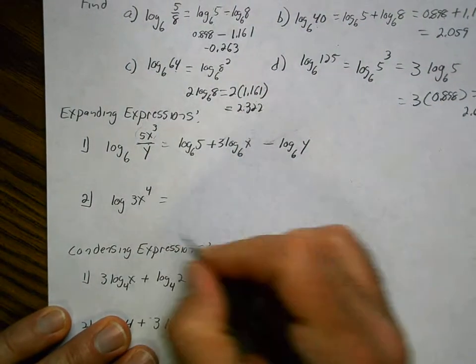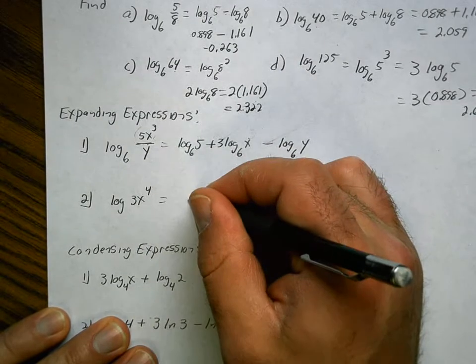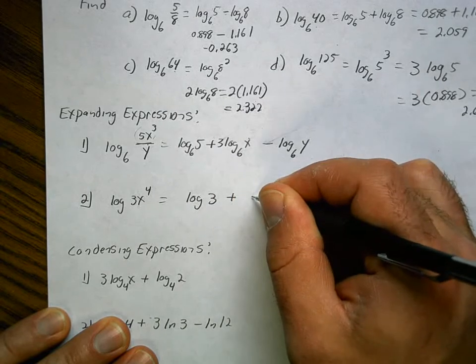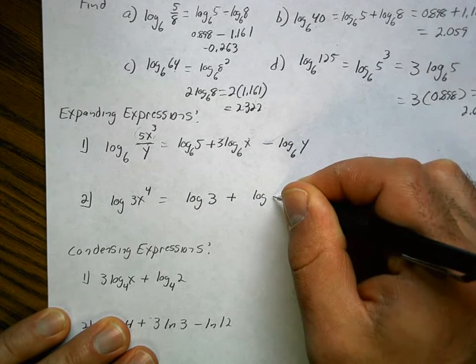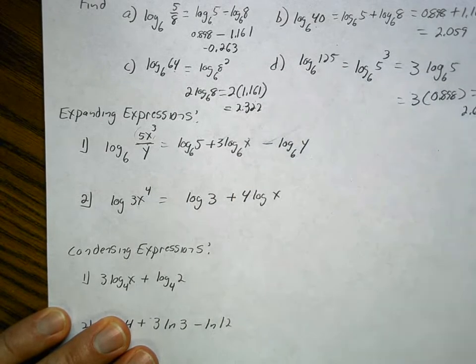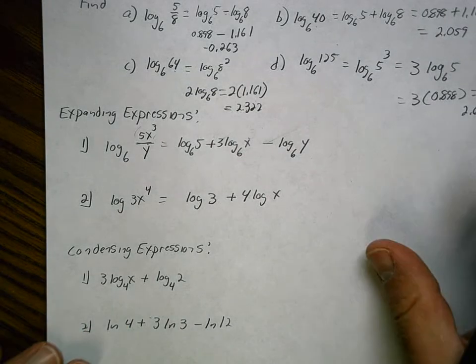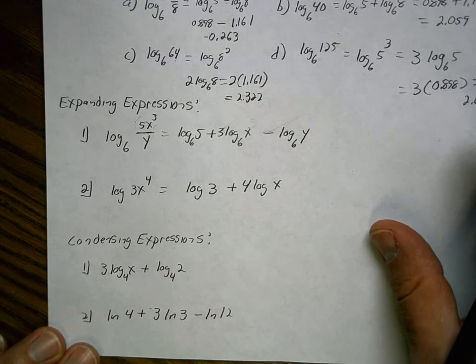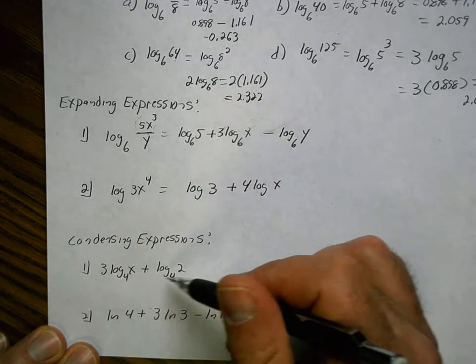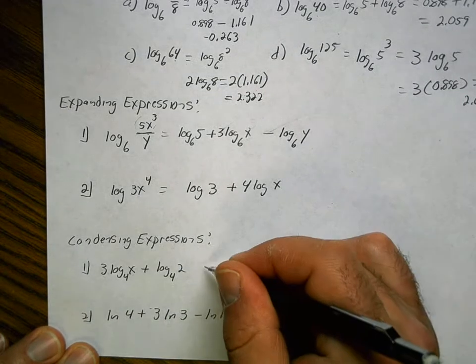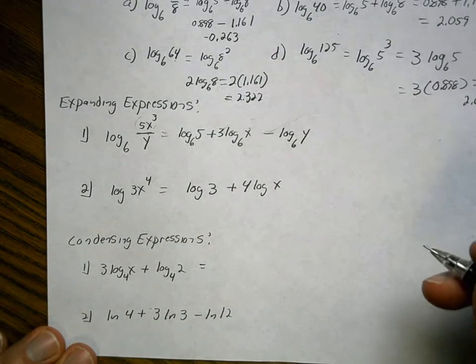Okay, this one is a little simpler: multiplication, so I change it to addition. Log of 3 plus log of x to the 4, and I put the 4 on front here. So that's expanding an expression. Condensing is the opposite. This is more useful because we're trying to take something that's a little bit more complicated and condense it into a single logarithm expression.